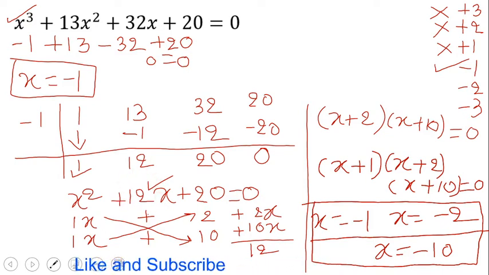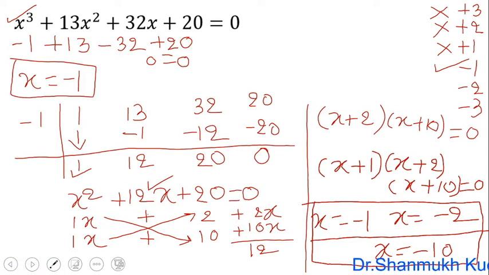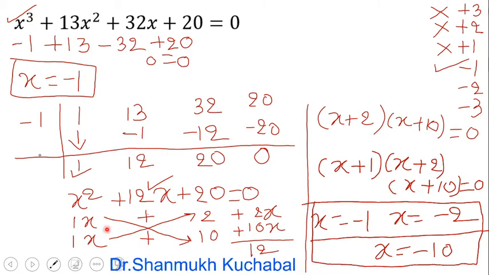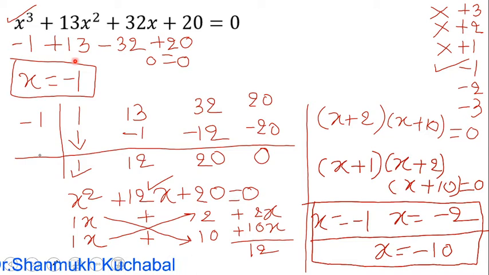So using that, we write the factors. I have taken 2 and 10 here. Cross multiply, it satisfies the middle number 12. Here it is a plus sign, so I use a plus sign. One factor is x plus 2, another factor is x plus 10, and the first factor is x plus 1. I have written them here.